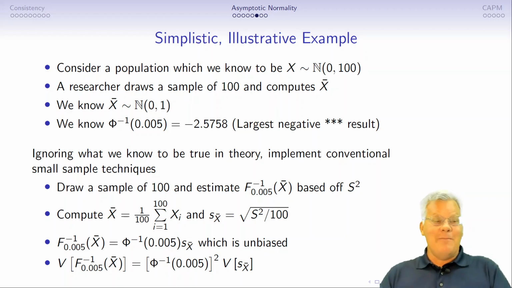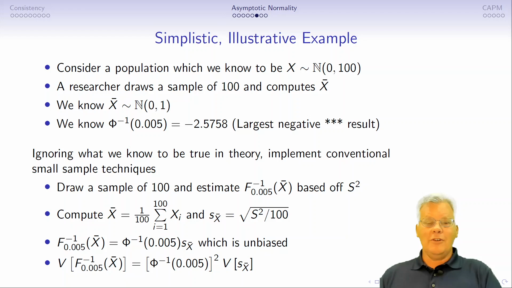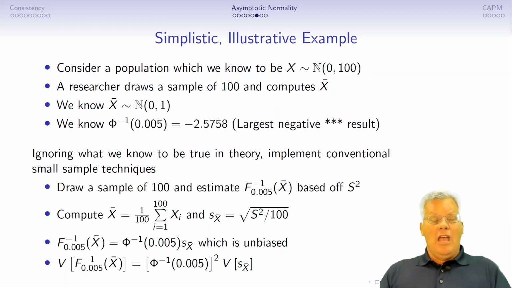But if I estimate s squared off the sample that I draw, the sample of 100, it's going to be close to 1, but not exactly so. Right? There's going to be some amount of sample variation. So based off this sample of 100, I'm going to compute x bar, the sample mean. It ought to be really close to 0, but again, because of sampling, it's going to be a little bit different.